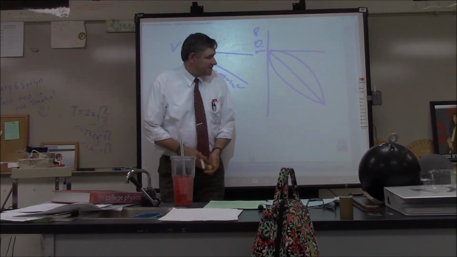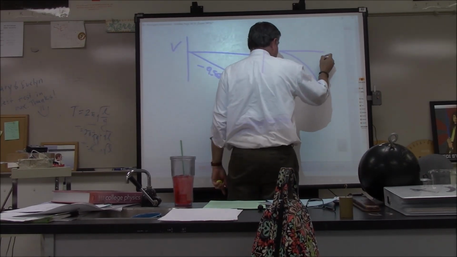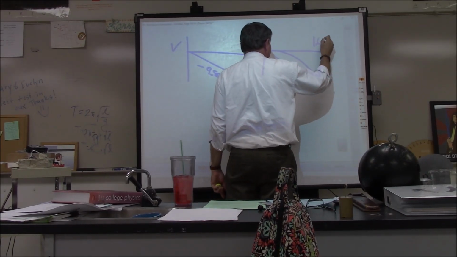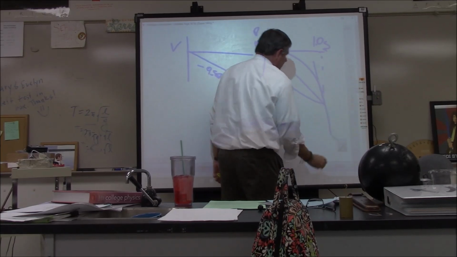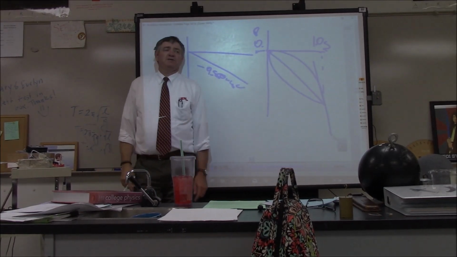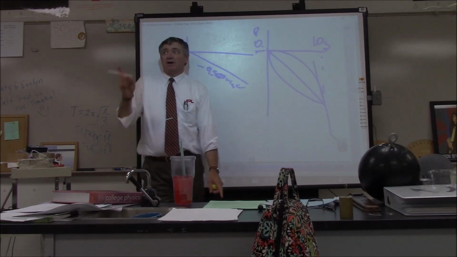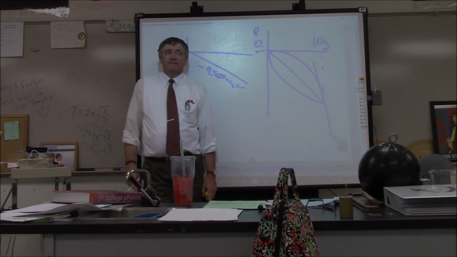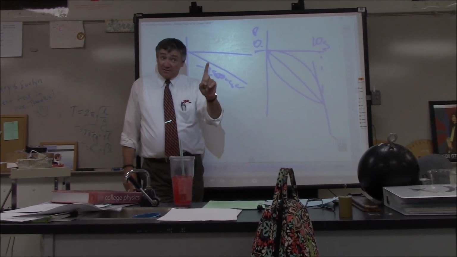Now, here's an interesting thing. If I drew this graph and came out here to 1 second and drew the tangent line, what would the slope of the tangent line be on that position time graph at exactly 1 second? 9.8. Why?